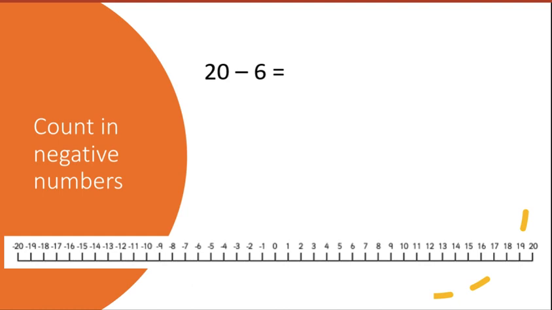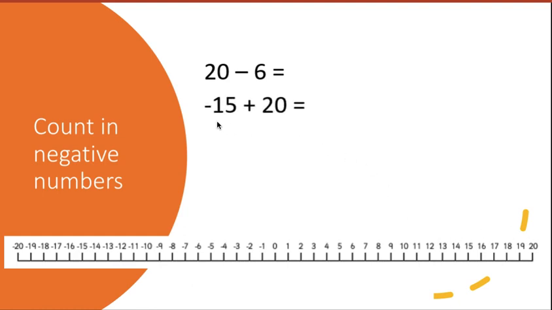Okay, got some examples. These are ones you're going to do on your own in your book. Take a picture and send to me, or you can write them straight onto Class Dojo if that's easier for you. I don't mind which way you do it. So we've got 20 minus 6. That's 20, count back 6. And you can use the scale, count 20 and count back 6 to find the answer.